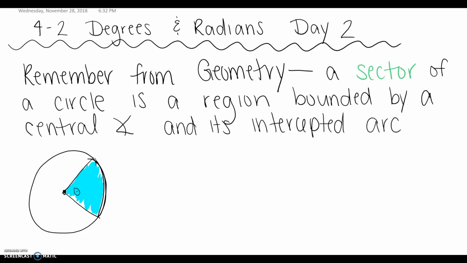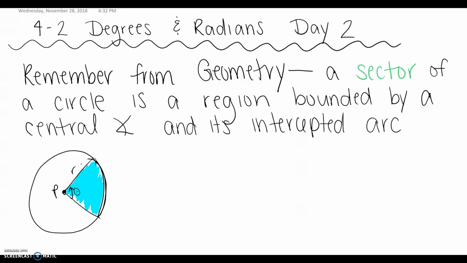So we can label a few different parts. This angle's theta, like I said. We could call this circle P, it really doesn't matter.